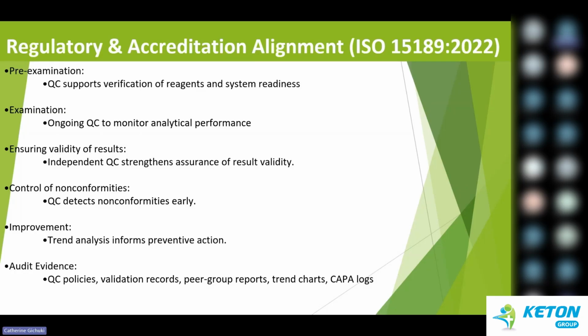Then we are expected by the ISO to improve. That is, we check on the trend analysis, and that way we are able to start preventive actions before problems occur. Then during audits, the standard expects us to have evidence: the QC policies, the validation records, the peer group reports, the trend charts and catalogs, and many other things we are supposed to produce.